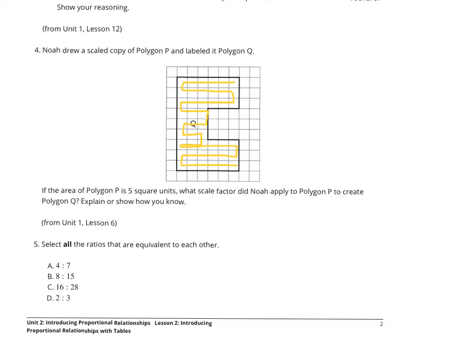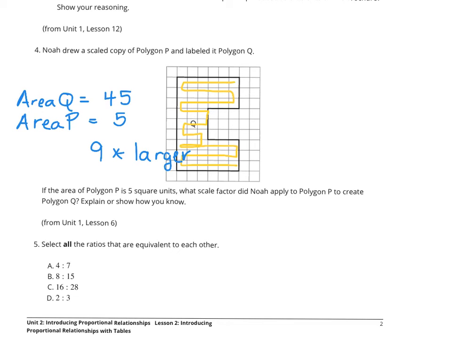I ended up with an area for Q of 45. And we were told that the area of polygon P is 5 square units. That means that the area of polygon Q is 9 times larger than the area of polygon P. But the answer here is not 9.